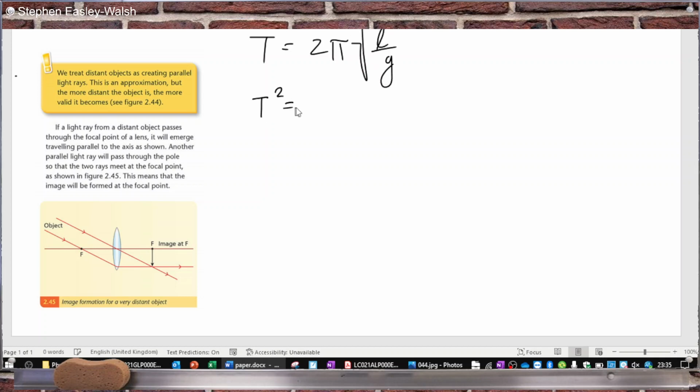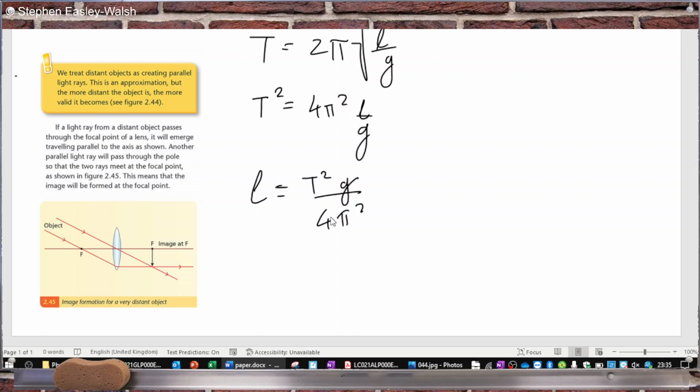T squared equals 4 pi squared L over g. So L is T squared times g over 4 pi squared.